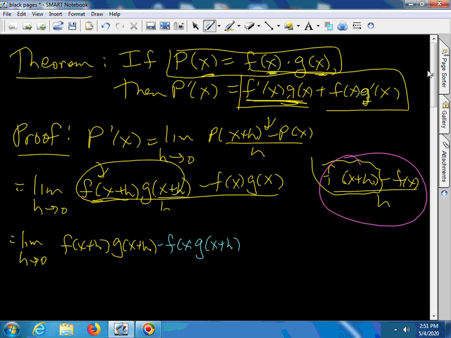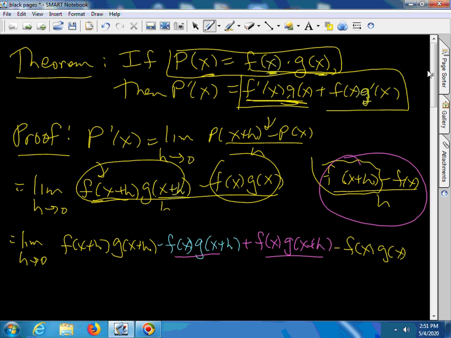So then I have to add it back. F of x times g of x plus h. So that's 0. And then let's not forget to take away f of x times g of x. And all of this mess gets divided by h.